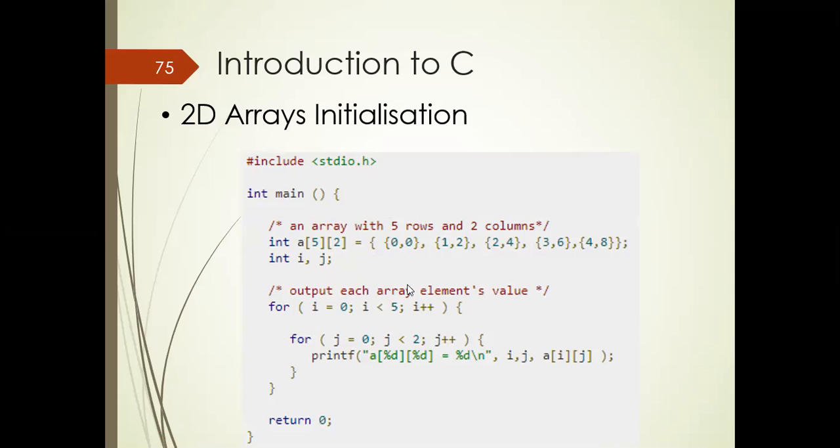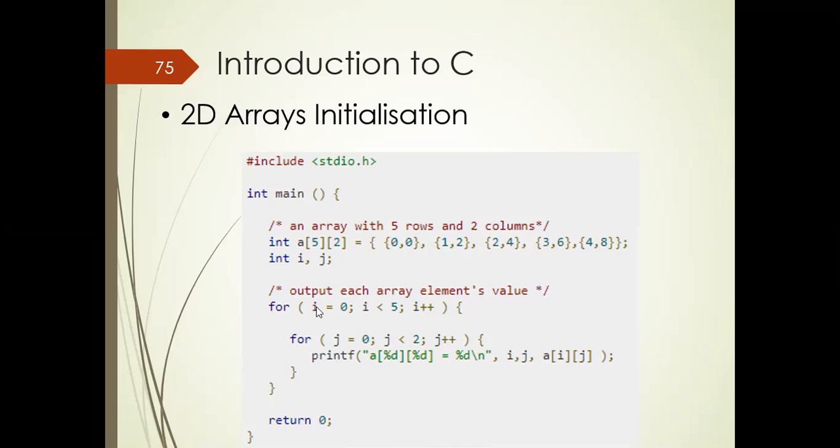Now, this piece of code illustrates further how you access the elements in your array. You're using i and j here for your indexes. You can see here you start with i = 0 and i less than 5, i plus plus, which allows you to scan through your array. This is how we've declared and defined a 2D array, and these 2 nested for loops allow you to scan through it.